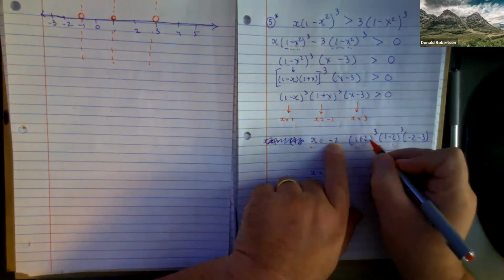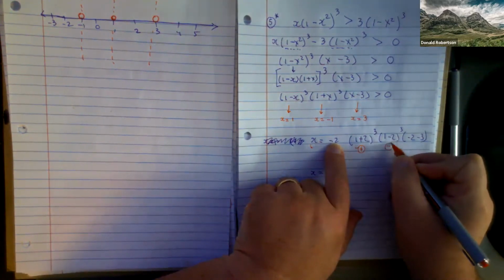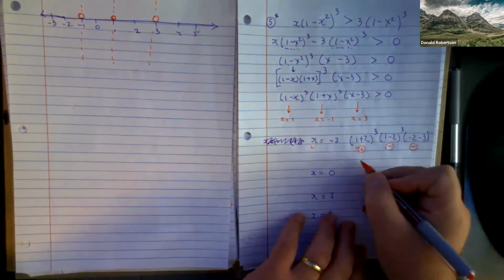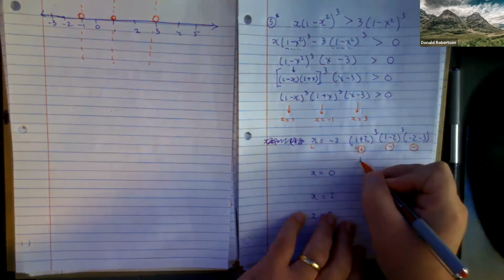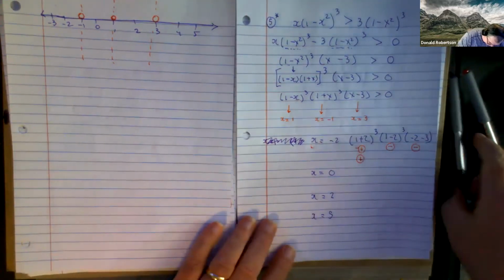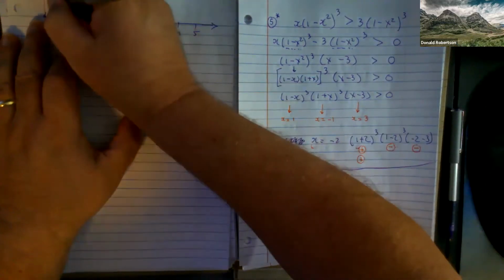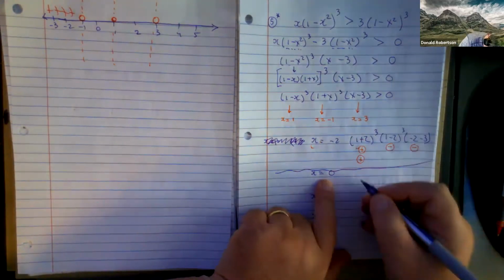So 3 cubed is positive, −1 cubed is negative, and −2 − 3 is also negative, which means that this thing is overall going to be positive. So everybody here is positive.